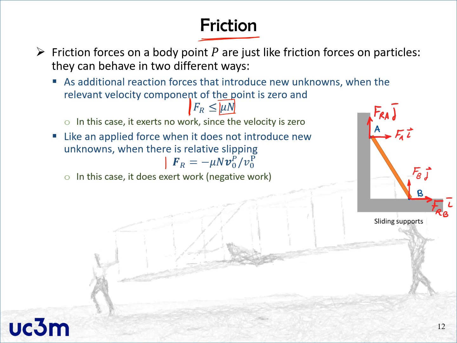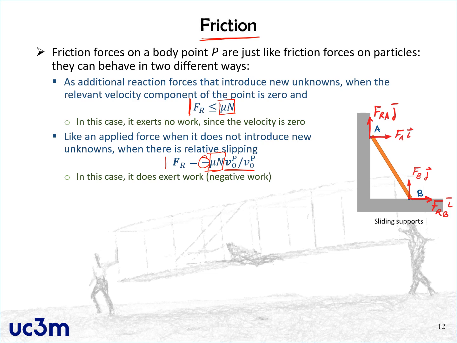In the second case, the friction force does not involve any extra unknown, so we consider it as just another applied force, like gravity, for example. In this case, the magnitude of the friction force is the maximum one, mu times N, and its direction is minus the velocity of the point of contact where the friction force is applied.